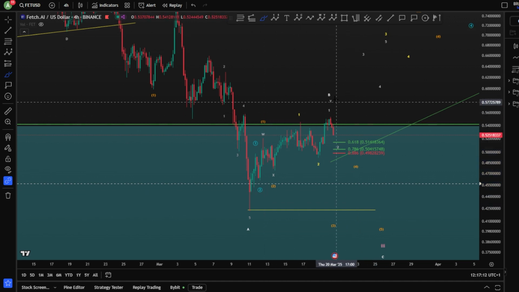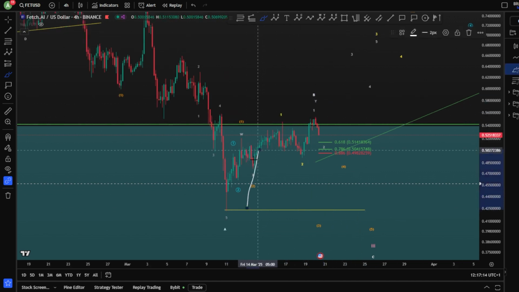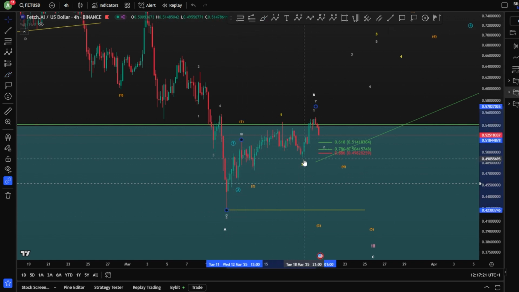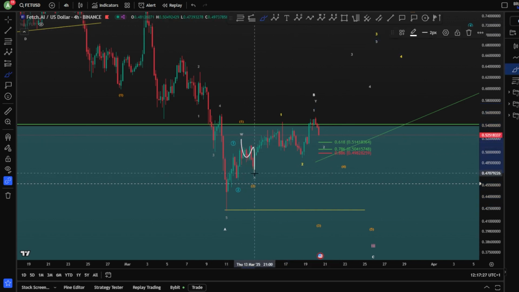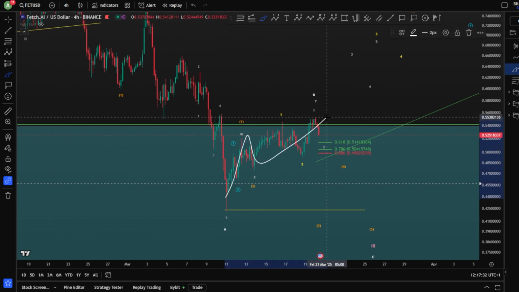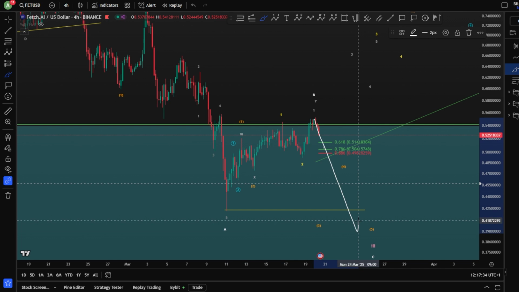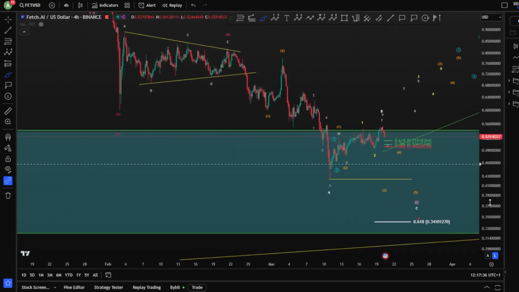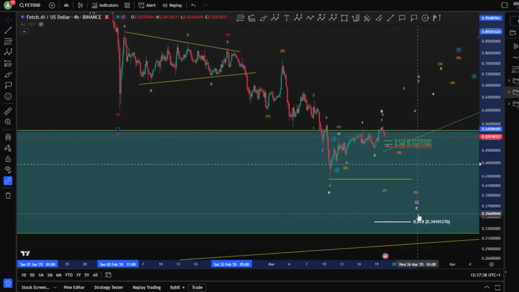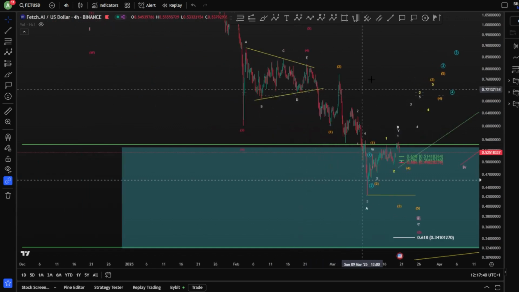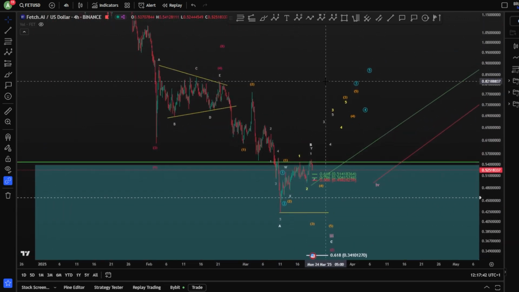In the bearish scenario, you have a W, X, and a Y, meaning a zigzag for W, potentially X here or here, it doesn't matter. It can be a flat or a zigzag internally. And then you have a Y. So this might turn in 3 waves, continuation toward the downside for a wave Z. These are the possibilities for FET.